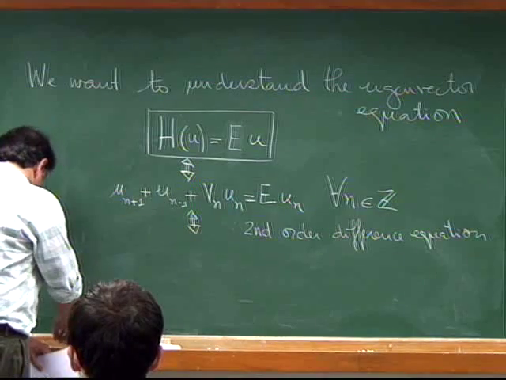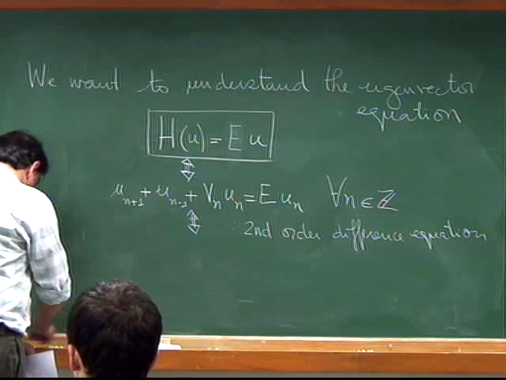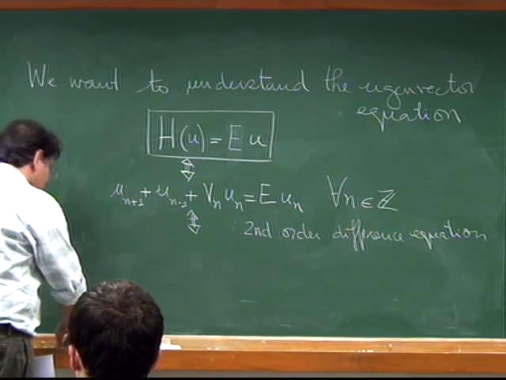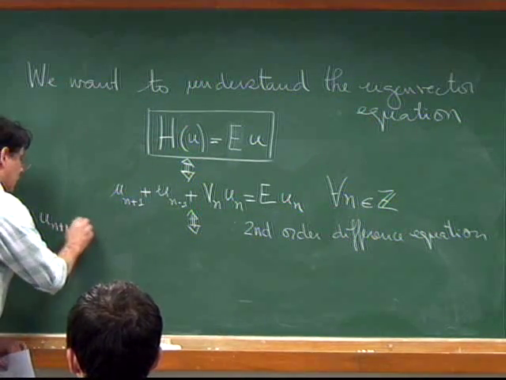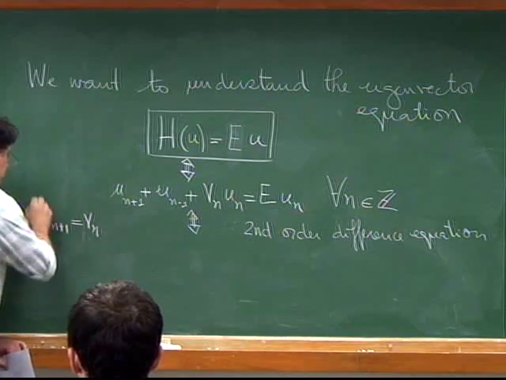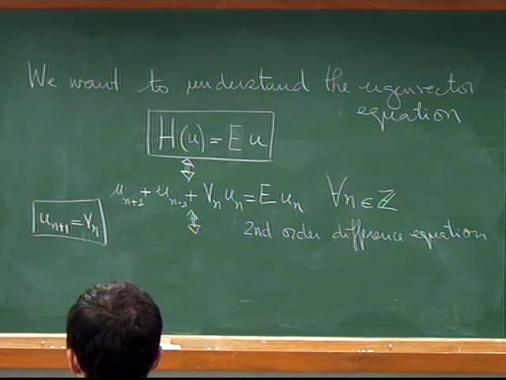You give a name to u_{n+1}. You call u_{n+1}, you call v_n. Just like here, x dot you call y.